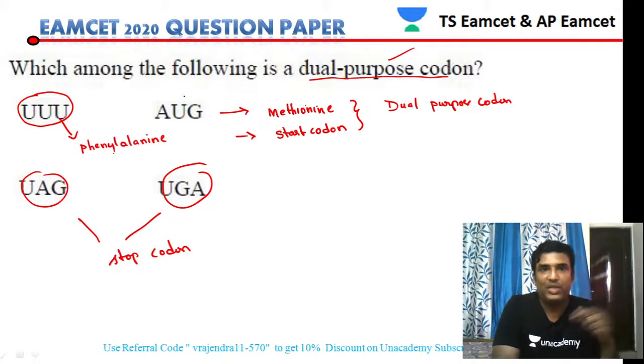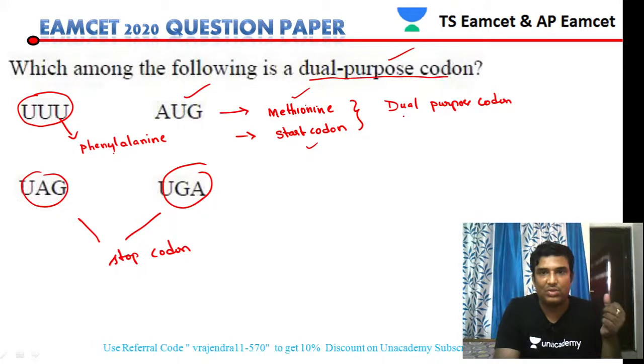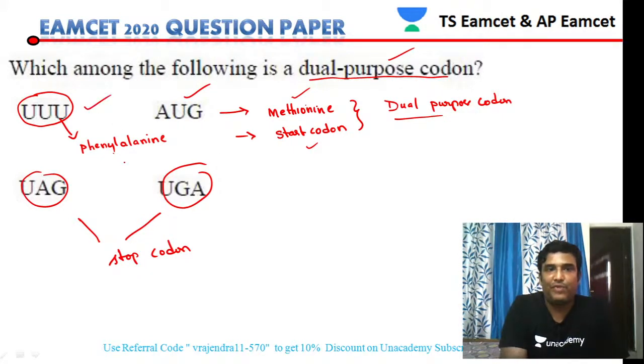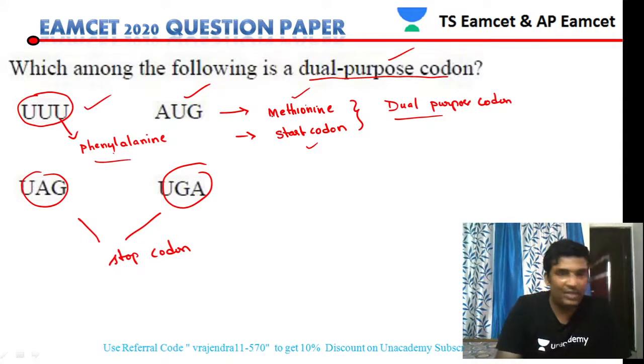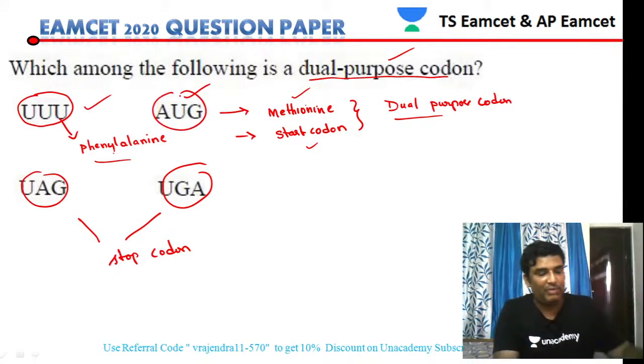No doubt it will be AUG, because it codes for an amino acid, methionine, and it also acts as a start codon. That is the reason it is a dual purpose codon. Then UUU codes for the amino acid phenylalanine. So finally, AUG will be our answer, students. Okay, let's move to the next question.